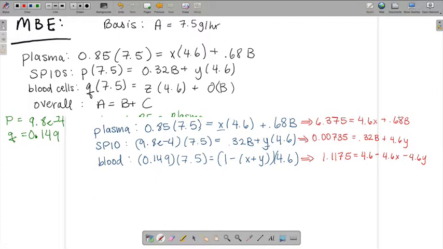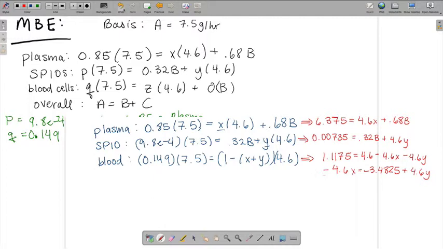Now, in order to do this, we can plug everything into the calculator, or we can do it by hand. Of course, we can use matrices, or we can just do substitution and systems of equations. So I'm going to go ahead and just try to do substitution. So let's say that 4.6x is equal to 1.1175 minus 4.6, which is negative 3.4825 plus 4.6y.